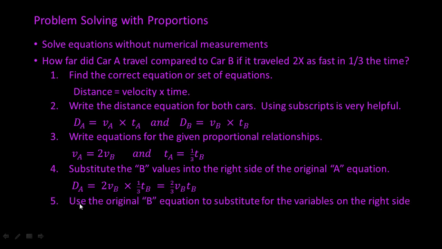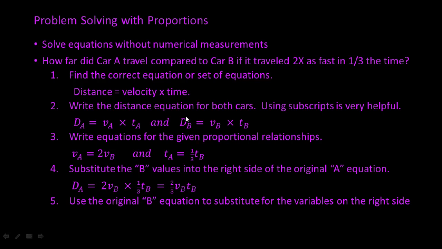Step 5, we want to use the original B equation to substitute for the variables on the right-hand side of this equation. So notice up in step 2, we have the original equation for the distance B traveled: D sub B is equal to V sub B times T sub B. Notice we have a V sub B times T sub B in this last equation in step 4.